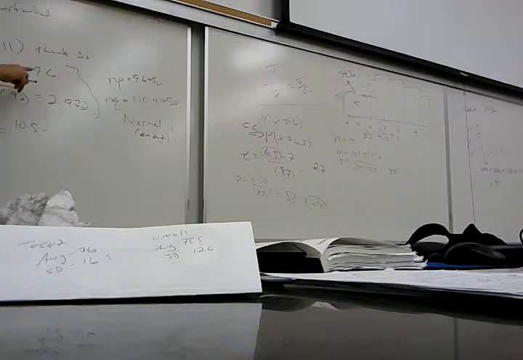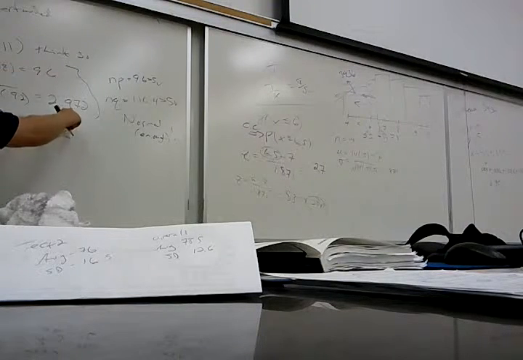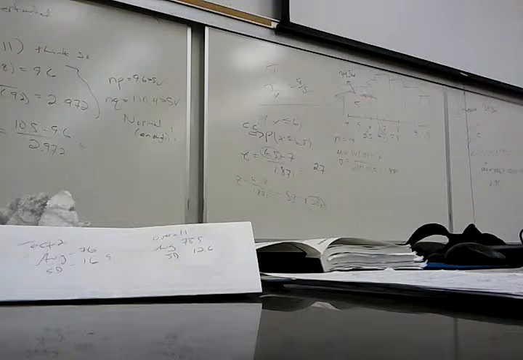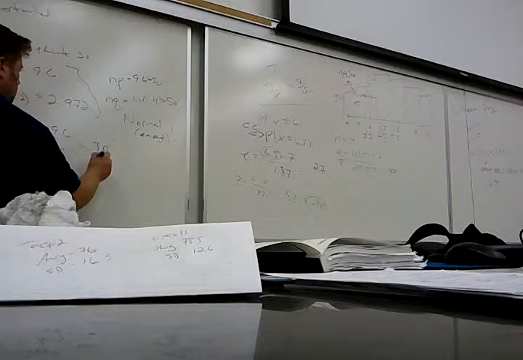10.5 minus 9.6 divided by 2.972. It's like 0.27, 0.3028, 0.30.